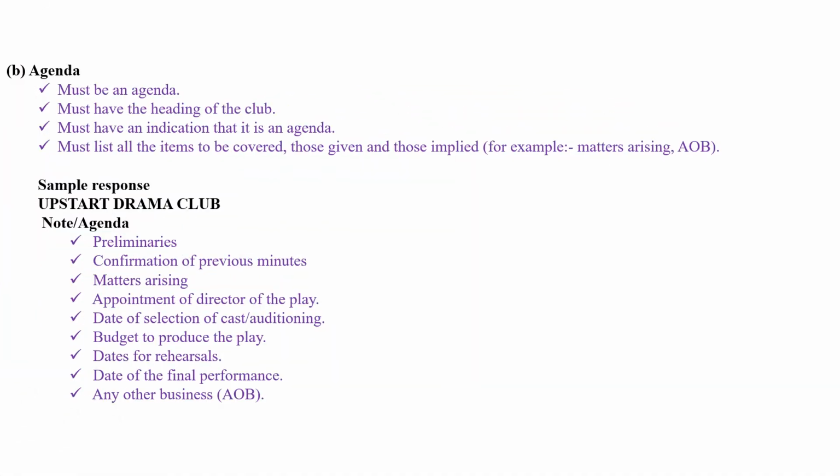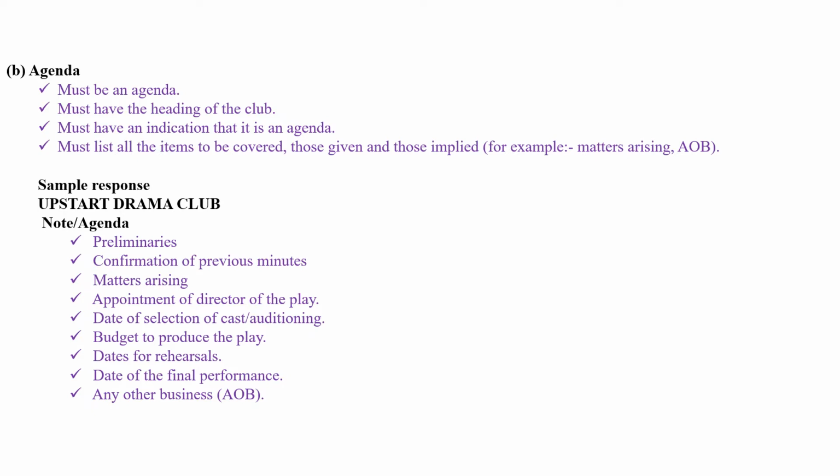Part B, the agenda. The agenda must have the heading of the club, must have an indication that it is an agenda, and must list all the items to be covered, those given and those implied. For example, matters arising, that is AOBs. This is a sample response. Upstart Drama Club, that is the heading of the club.